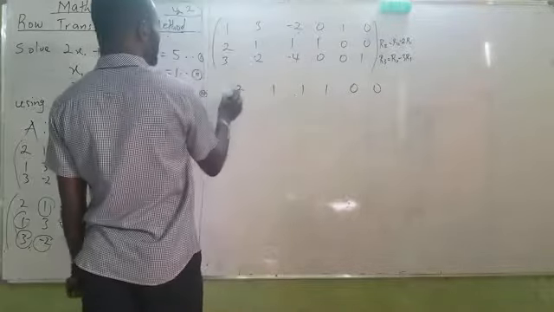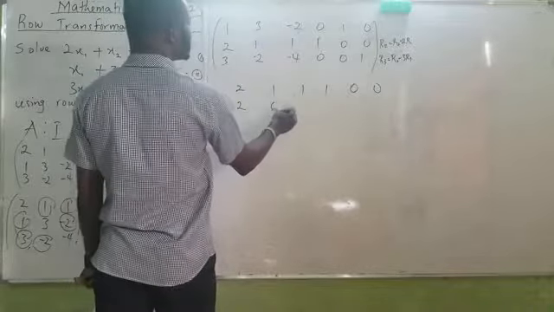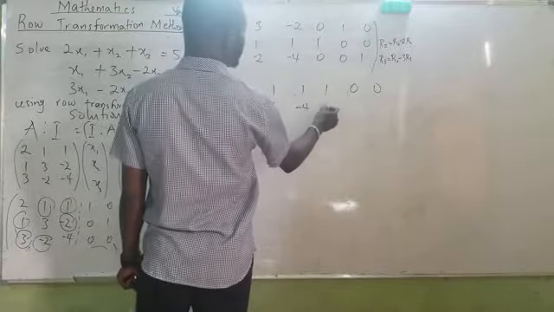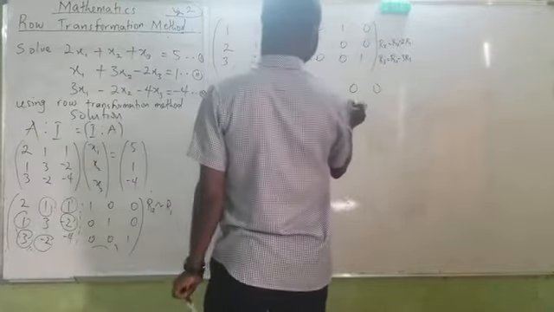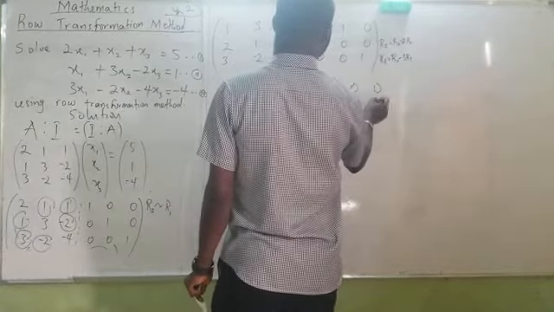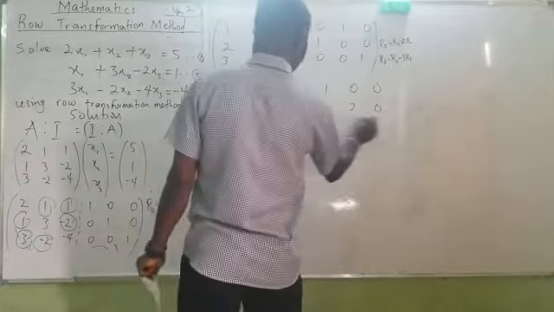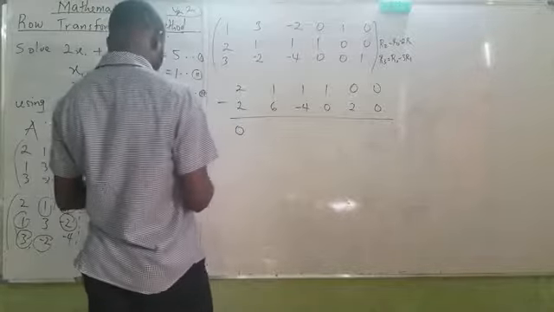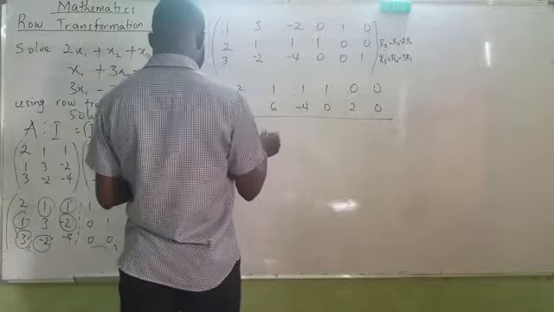And 2 row 1 means 2, 6, minus 4, 2, and 0. I will subtract them. Here will become 0. Here will become minus 5.